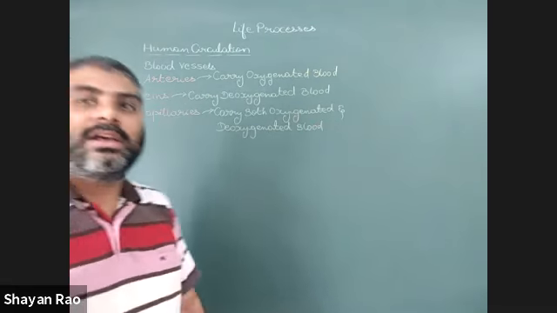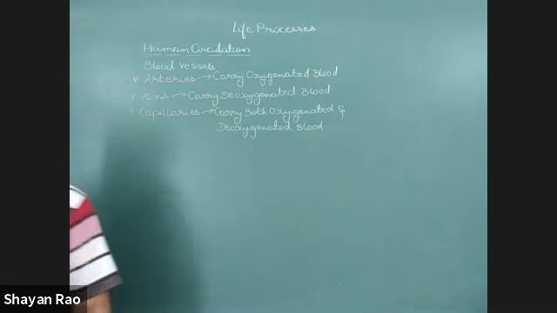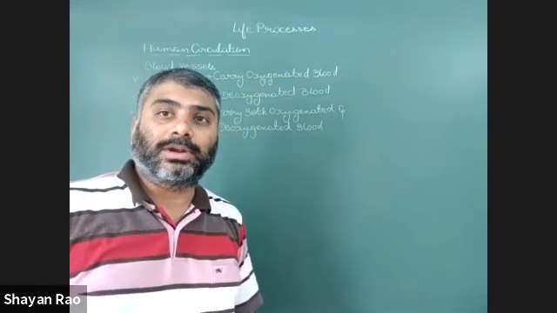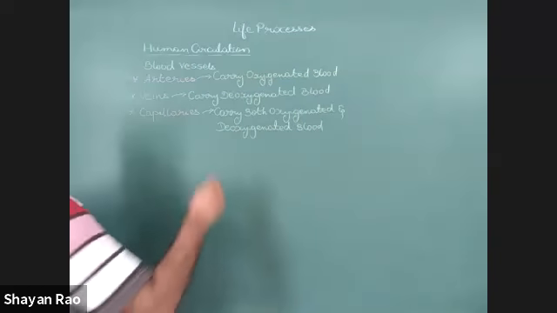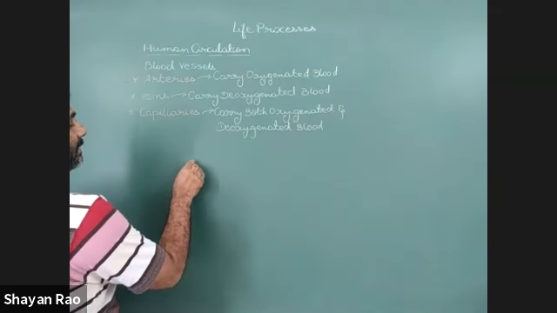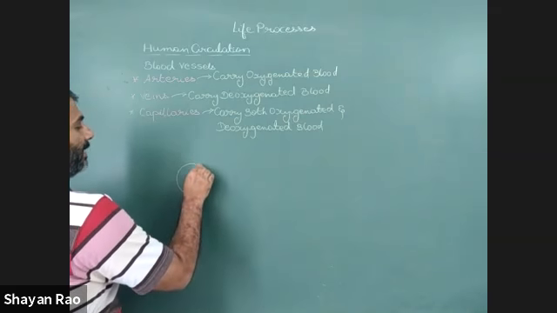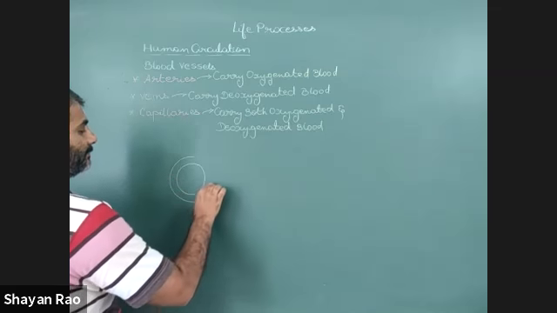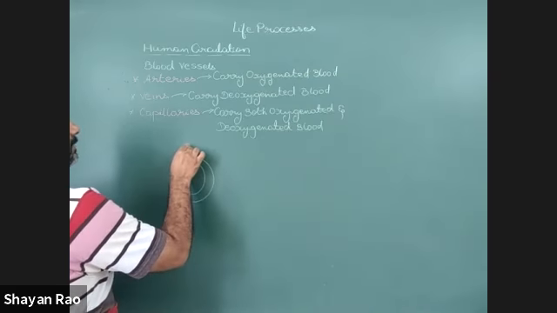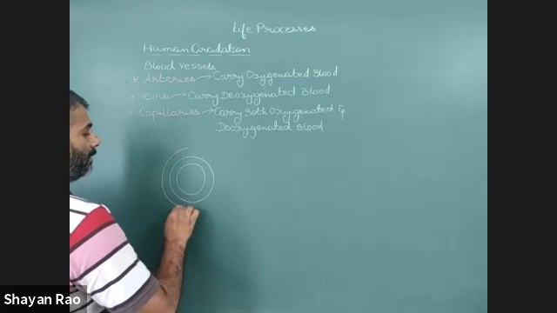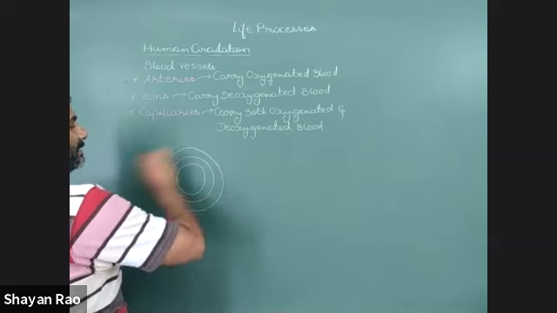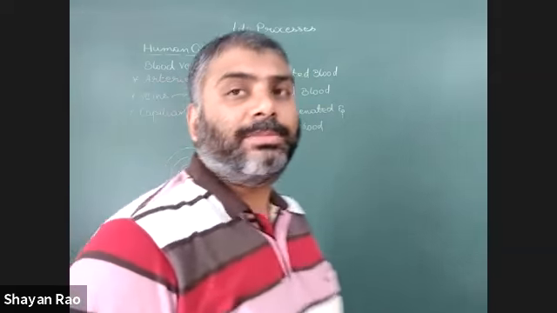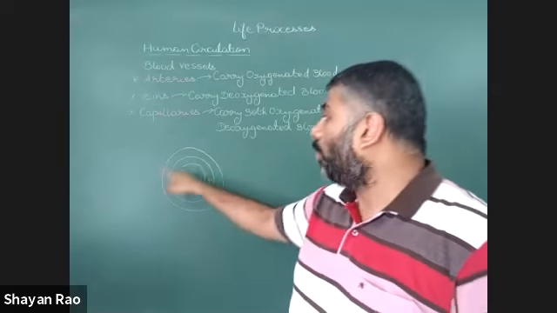and capillaries. Now let's try to understand something about the arteries. What's the speciality about them? Arteries are made up of three concentric layers, which means three consecutive walls, and they're all thick walled.